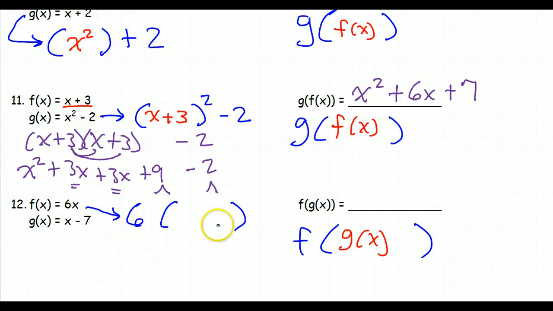Then I'm supposed to put function g on the inside of the parentheses. So I'm going to put x minus 7 in there. All we have to do is the distributive property and we're done. So that's just going to give us 6x minus 42.